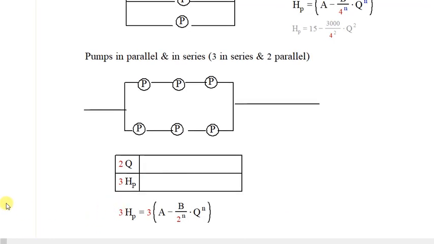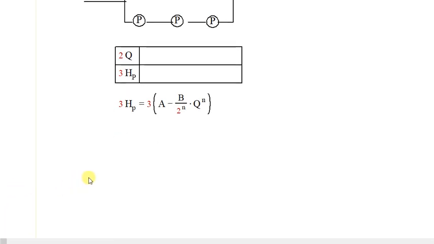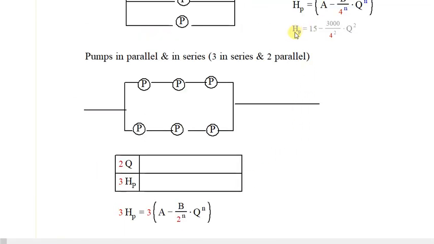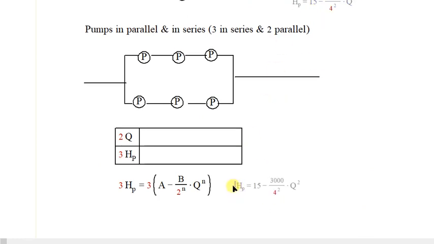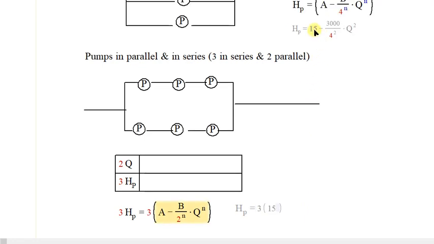The equation should be multiplied by 3 first, which is 3 in series. Then the Q side should be divided by 2 to the same power of Q. If you like numerical problems, numerical examples, we can put it: 3 multiplied by 15 minus this much divided by 2.